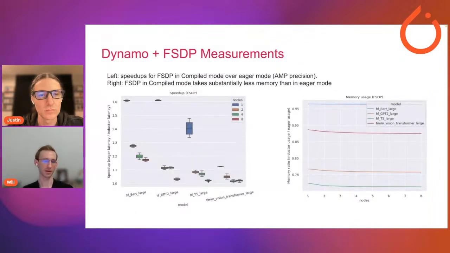So for FSDP, I don't have the graph of before, but this left graph is the speed up of using FSDP and Dynamo inductor together. This is the PyTorch 2 plus FSDP speed up. And you can see it's above 1.0 all the time.